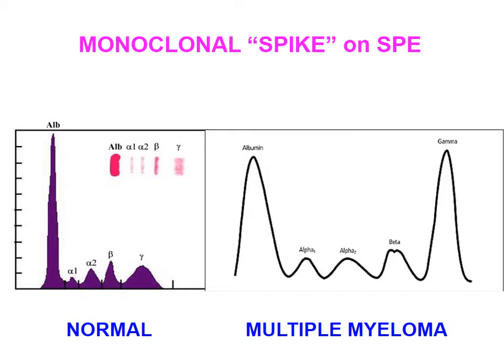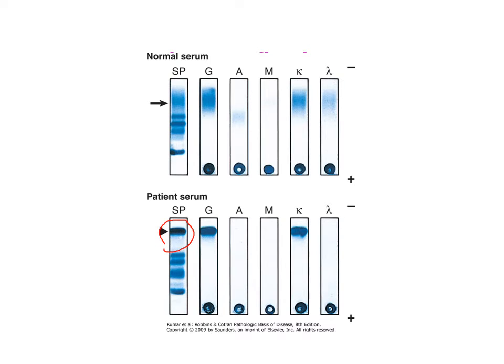Whereas in case of multiple myeloma, there is a sharp monoclonal spike in the gamma globulin region. Here you can see a monoclonal spike in the gamma globulin region. And here IgG is predominantly increased and similarly in light chain kappa is increased.